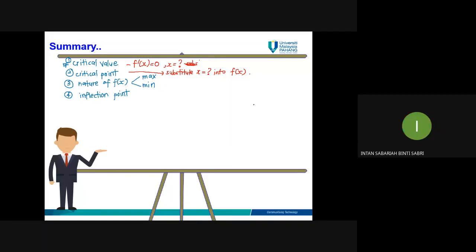To find the nature, we have two ways. The first is the first derivative test, and then the second derivative test.